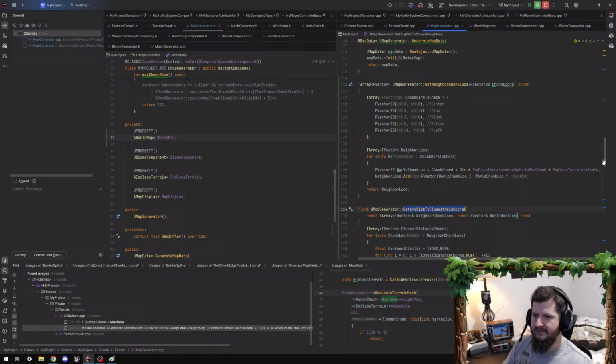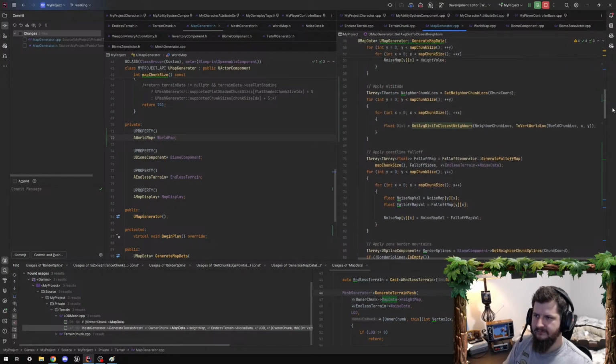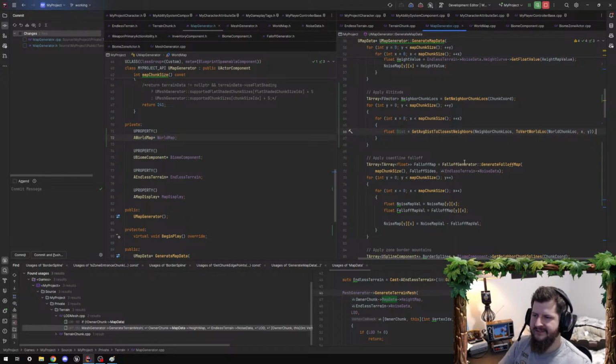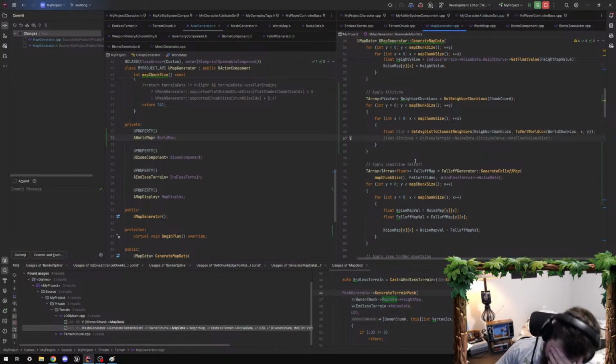Okay, get average distance to closest neighbor. We have this. Now I have this average distance to the neighbor. Am I just adding this to the noise map value?